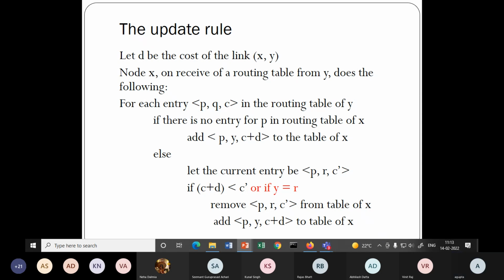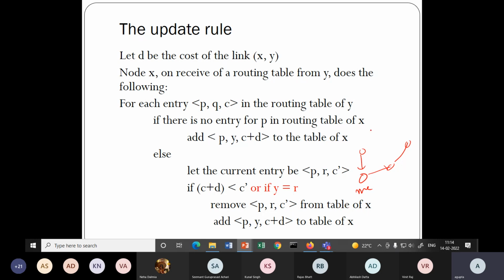On the other hand, if I have a route already to that destination, I will see whether it is okay to follow the route that I have, or whether the route that is coming to me is a better route. So I already know of a route through somebody else, and this is the incoming table.